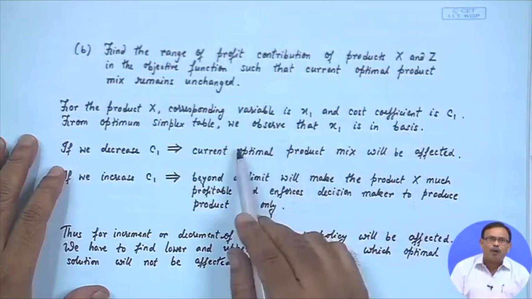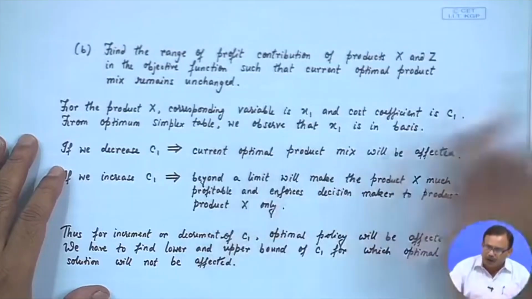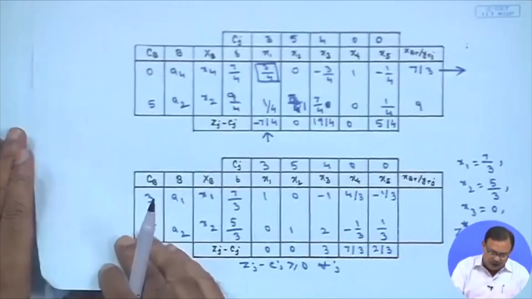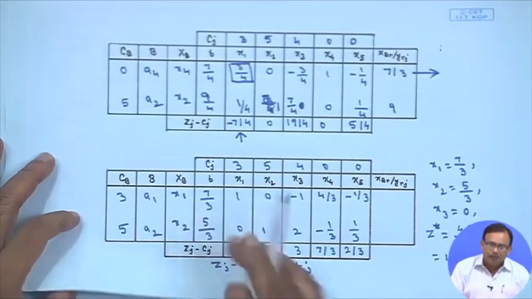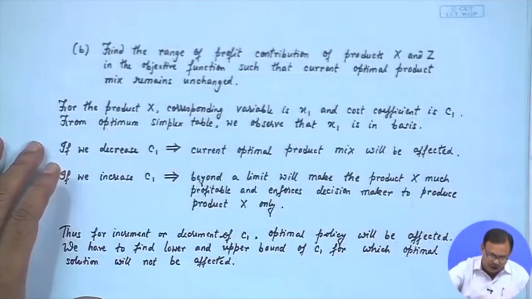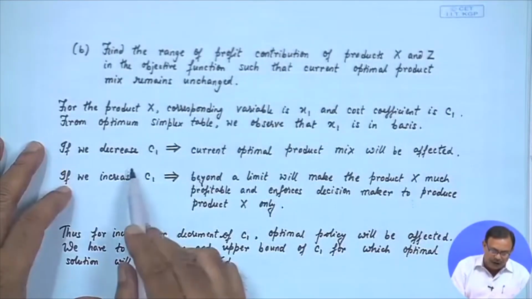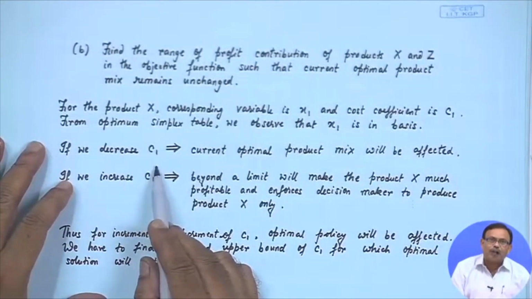So, from the optimum simplex table, as I was telling, your x1 is present in the basis, right. So, your cost is C1. So, if we decrease C1, what will happen?